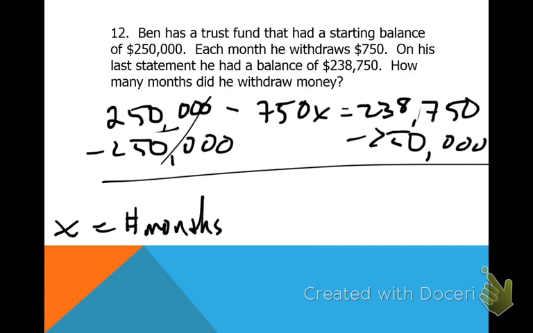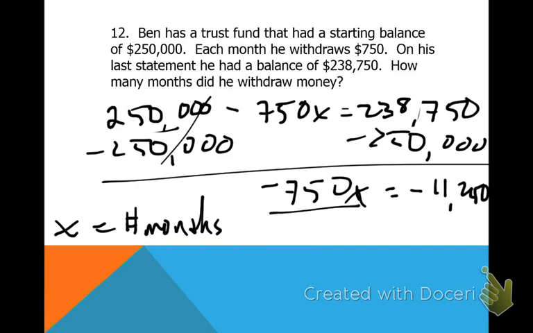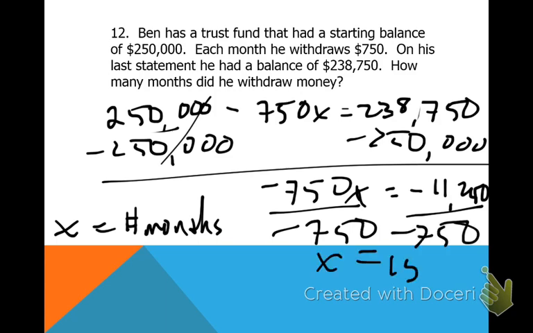Your equivalent equation when you subtract 250k from each side is going to be negative 11,250. Then divide by negative 750, and x ends up being 15. So he's withdrawn money for 15 months. Good. Any questions, issues there?